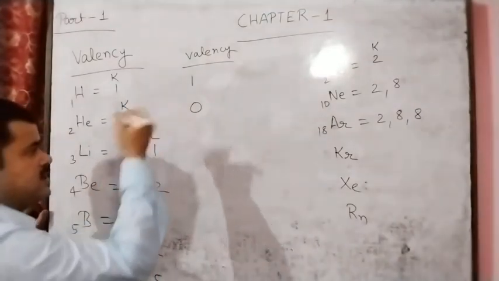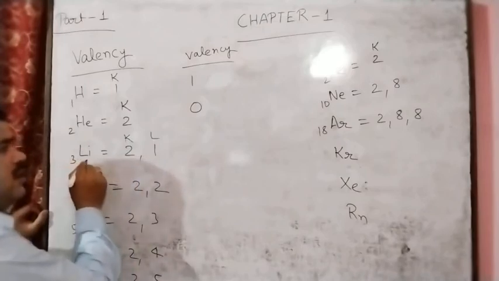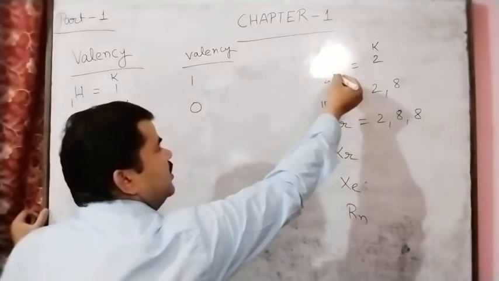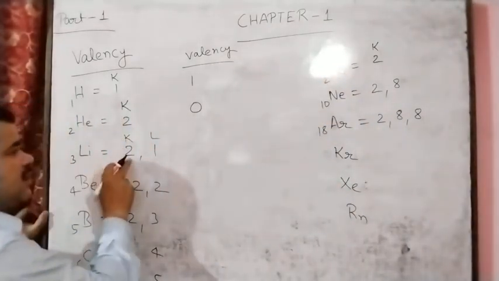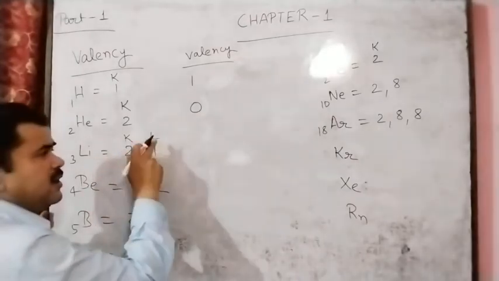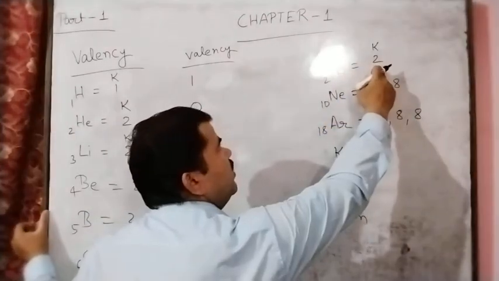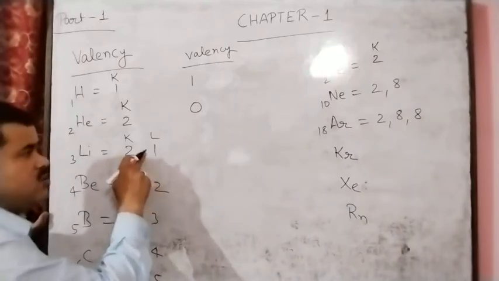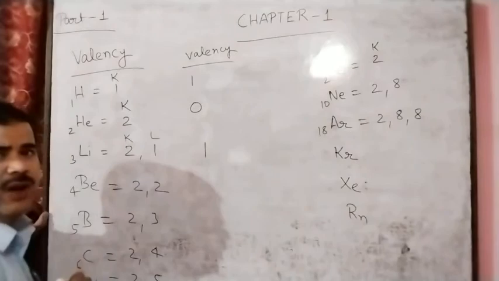This is already stable. Lithium has atomic number 3, and lithium is also nearest to helium. Lithium's electronic configuration is 2 electrons in the K shell, 1 electron in the L shell, while helium has only 2 electrons in the K shell. So 1 more electron is present; lithium will lose 1 electron, and its valency will be 1.